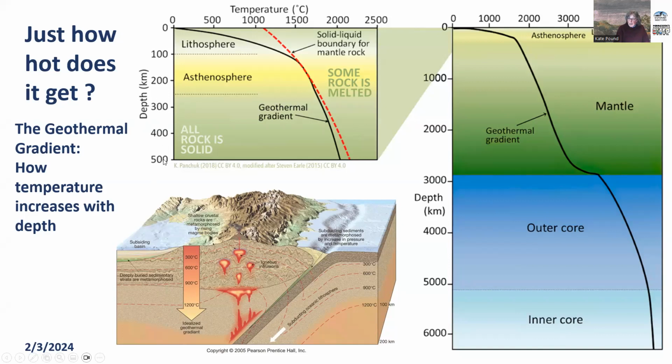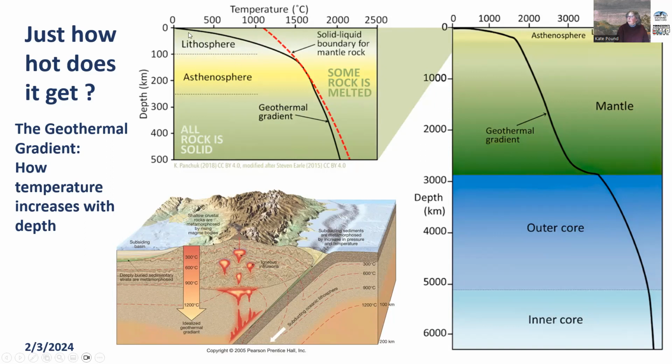It has depth on the y-axis and temperature on the x-axis. And what's useful is they've added in your average lithosphere thickness here. So that's your crust and uppermost mantle. And then it goes down to the asthenosphere.